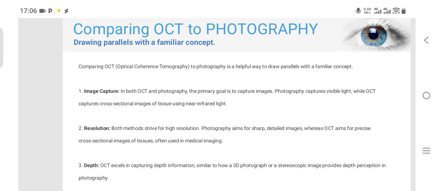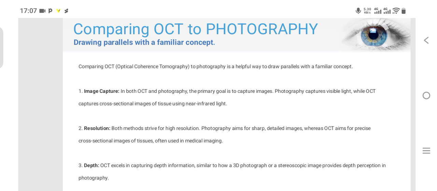Let's take, for instance, the image capture. In both OCT and photography, the primary goal is to capture images. Photography captures visible light, while OCT captures cross-sectional images of tissue using near infrared light.